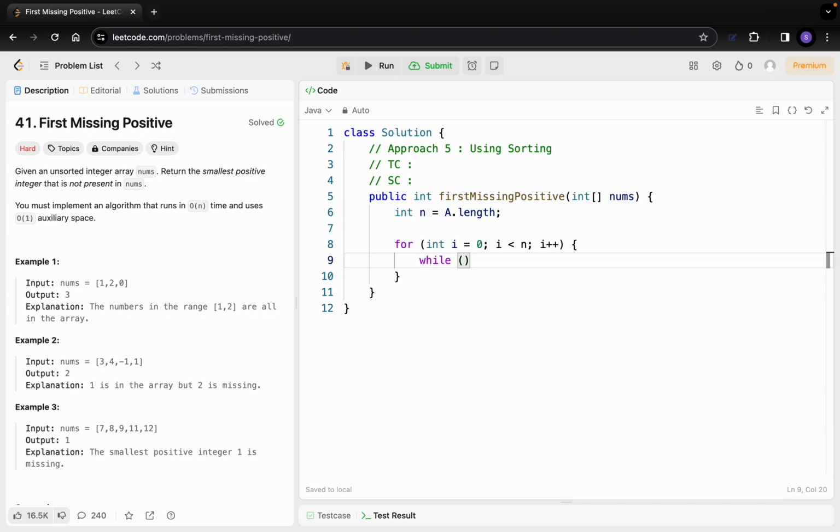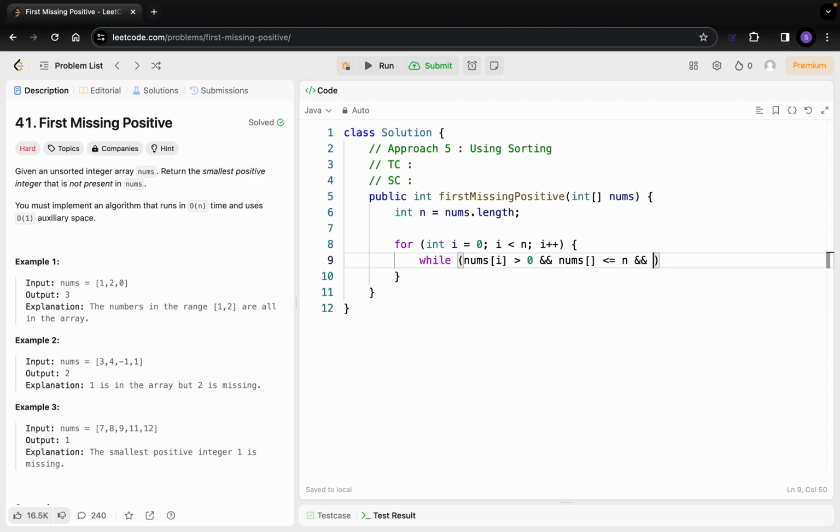While nums of i is greater than 0 and nums of i is less than or equal to n. So it should be in the range from 1 to n. For n plus 1 we will see later.